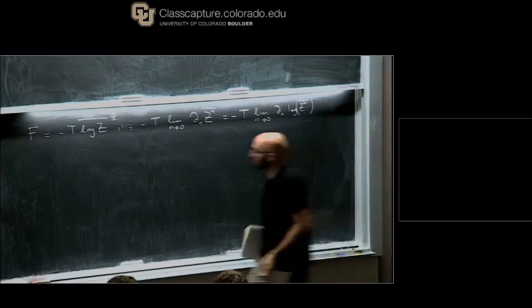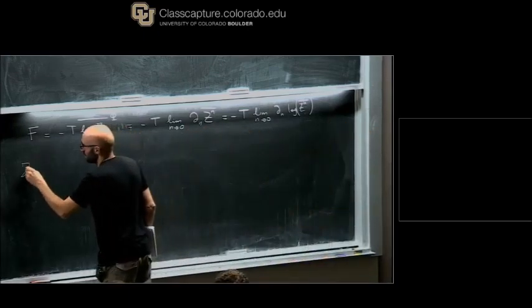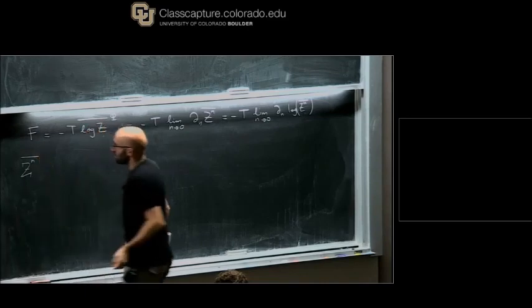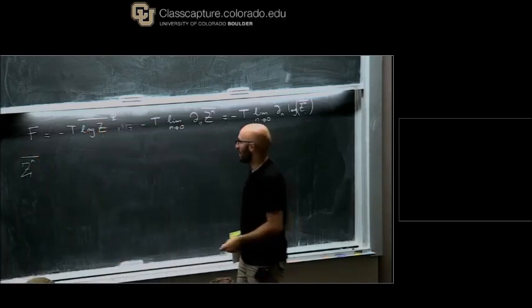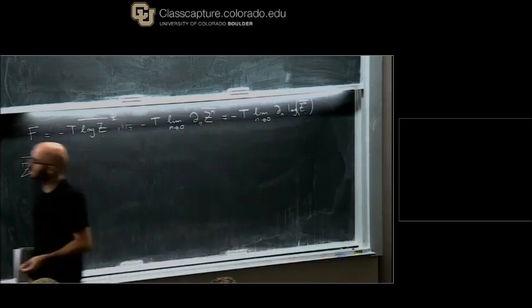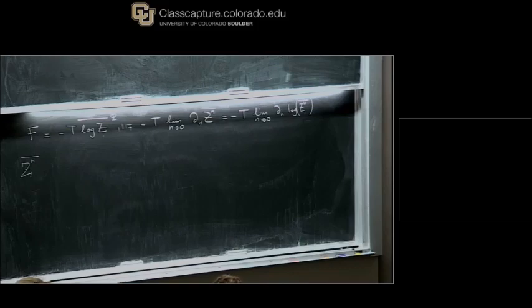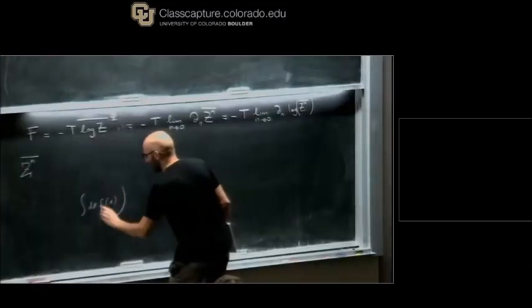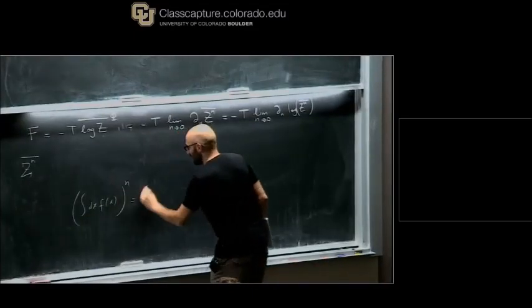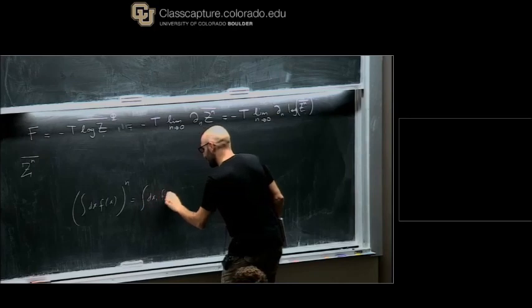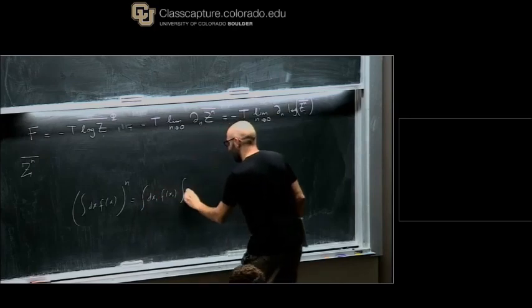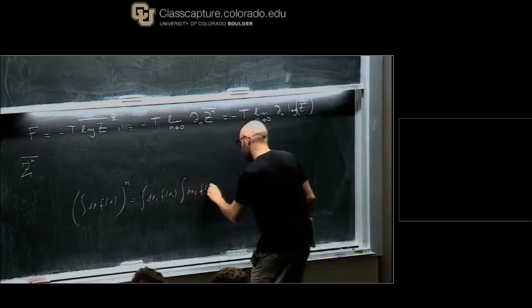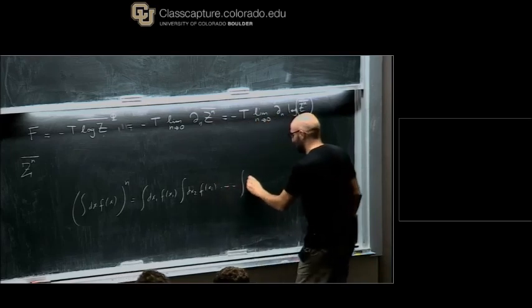So if I compute now z to the n, if you have an integral of some function f, and you write it to power n, you can also write it as an integral over x1, f of x1, x2, f of x2, and so on up to n.